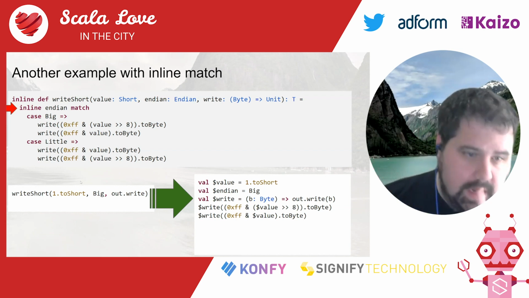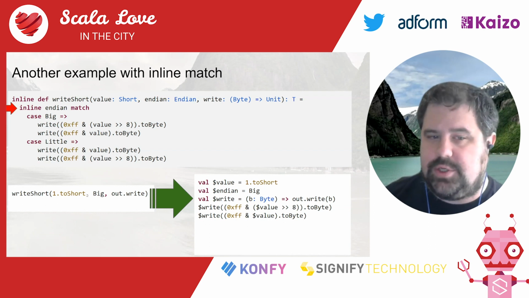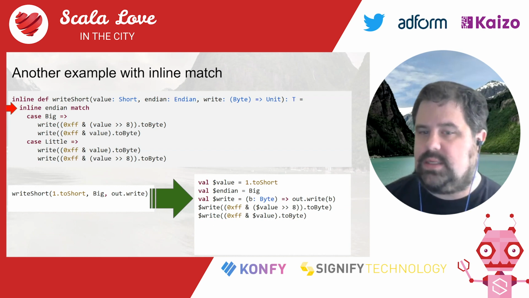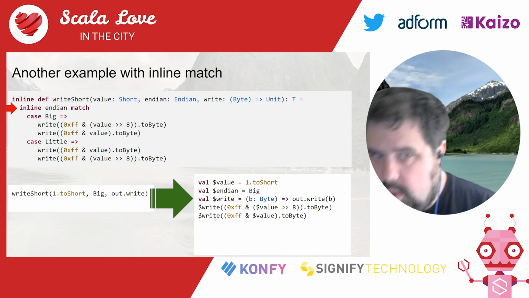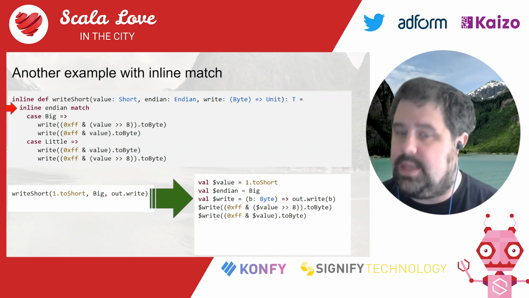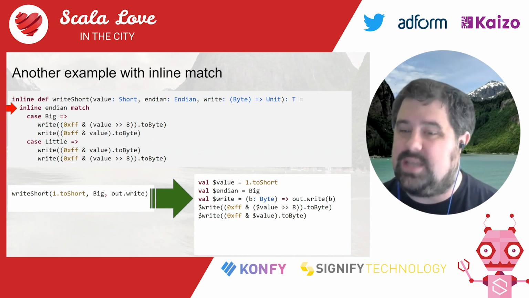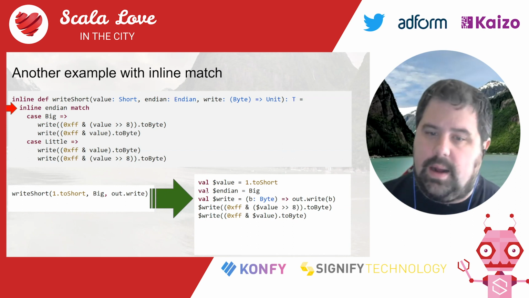So in this case, if I say write short with big, and I have this semantics where the values get written, you can see it erases the switch statement or the match statement to look at endian, and figure out which one, because it knows at compile time what to do.